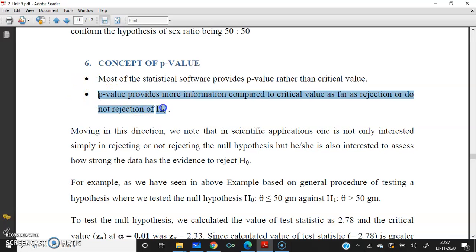P-value provides more information compared to critical value as far as rejection or non-rejection of H naught. We are telling reject or do not reject, but p-value gives more information about that.